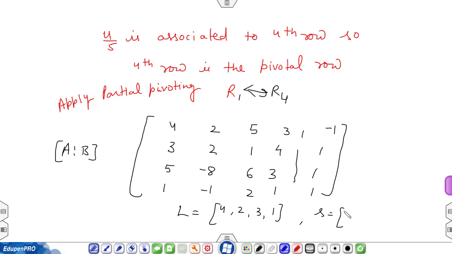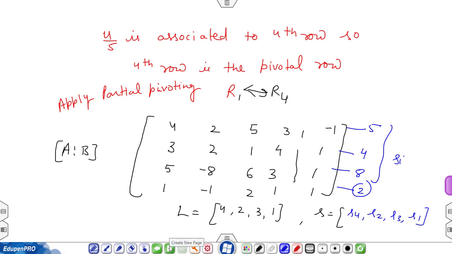What is S now? S4, S2, S3, S1. S4 is your 5, which is associated with it. 5, the second and third are the same, 8, and this is S1, that is 2. So this is the value of the Si's, and this is the thing that we have to record in each and every step.